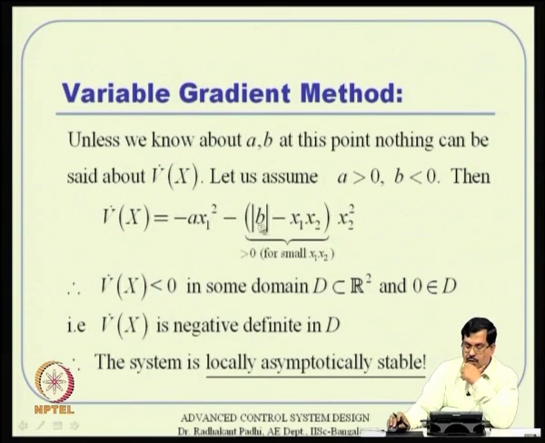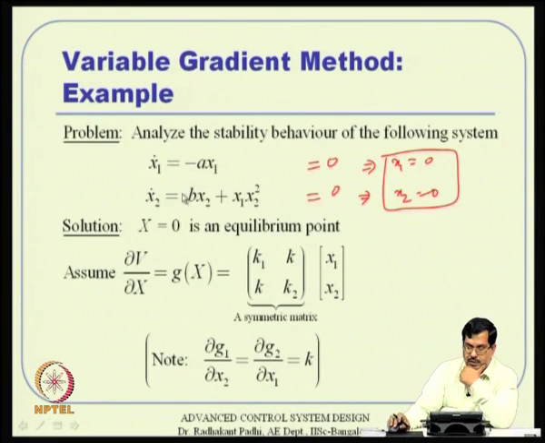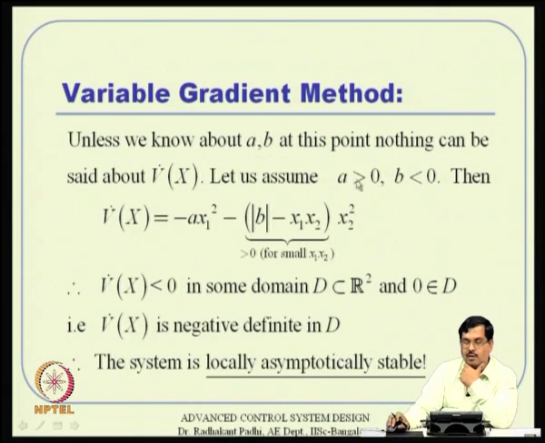This expression further assumes that this condition is true. If this condition is not true, you cannot write it that way. So, with the assumption that the constants a and b in my original equation satisfy this condition, a is positive and b is negative, I will be able to show something like that.